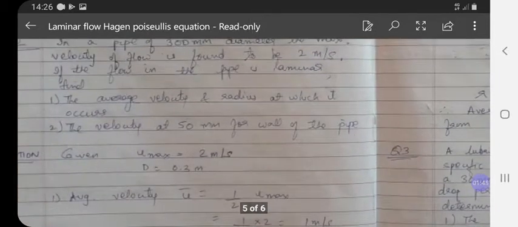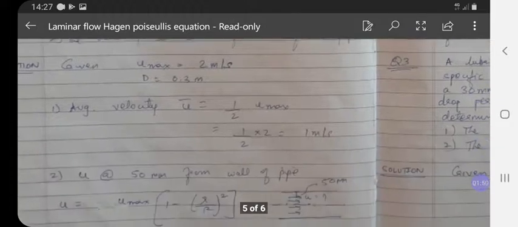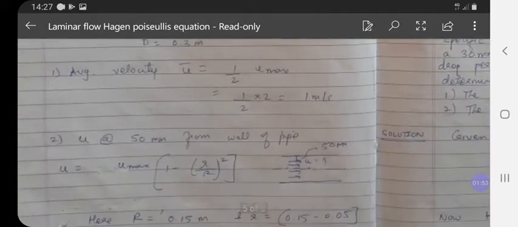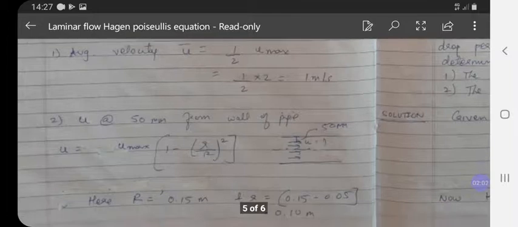Then secondly, we were asked the velocity at 50 mm from the wall of the pipe. So we have to find the velocity u at 50 mm from the wall of the pipe. Again using the same equation, u is equal to u max into 1 minus r upon R, whole square. Here R of the pipe is 0.15 meter, and small r is the radius from the center of the pipe where this velocity occurs. So small r is capital R minus 0.05, which is the distance from the wall.